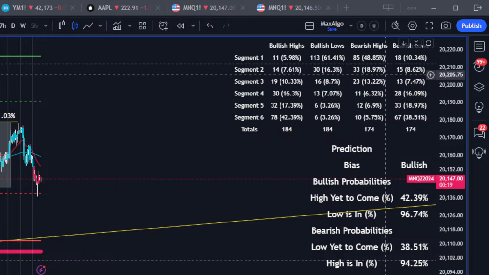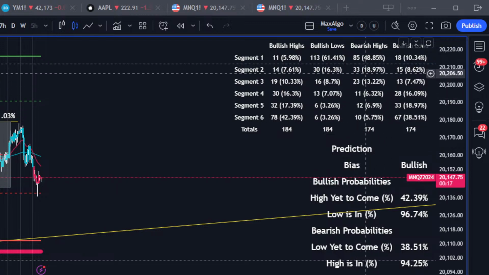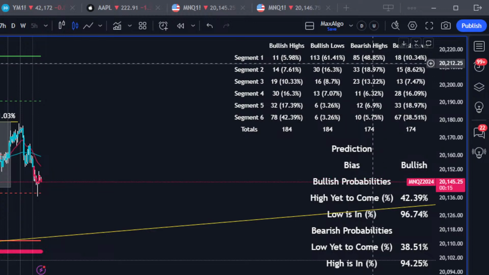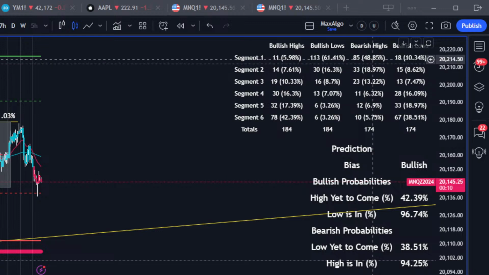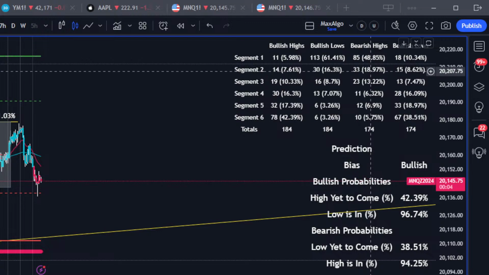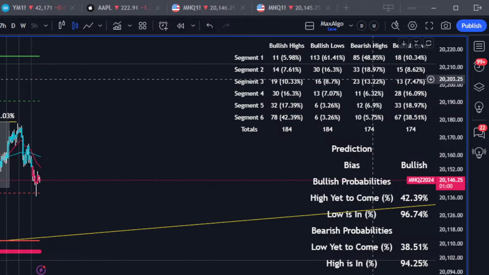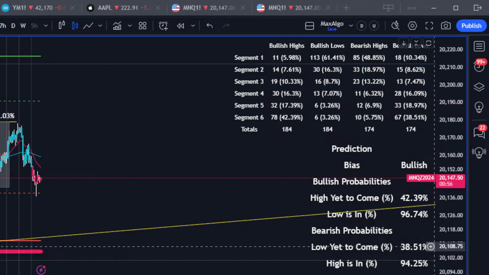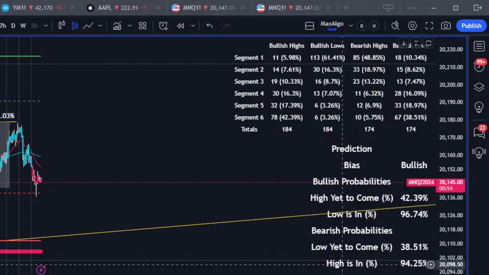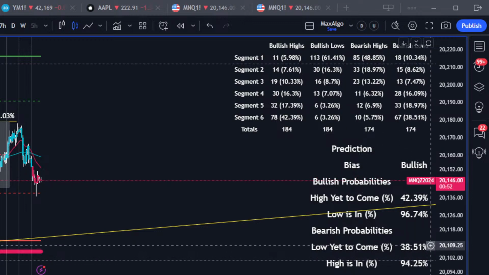Then when we pass through segment 2, we've now had 18.97% of all of our highs in already. So then we've now had 67% of all of our highs already in. So it's doing that math for you and letting you know what the probability is that the high is in and what the probability is the bullish in.